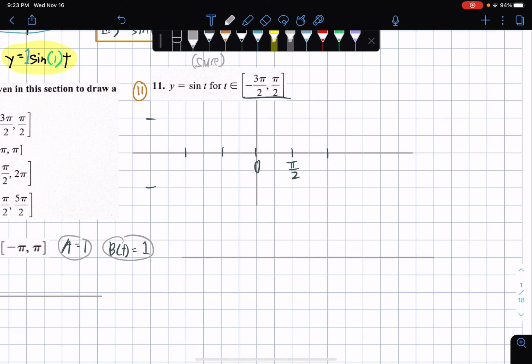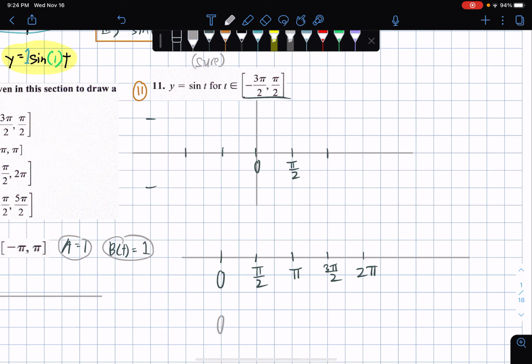So in the usual axis, assuming that the point of origin is here, the next value based on the unit circle will be pi over 2. The next would be, I'm sorry, it's going to be pi, and then 3 pi over 2, and then 2 pi.